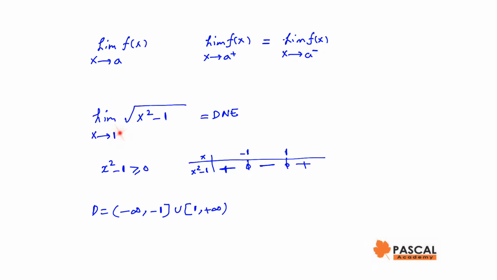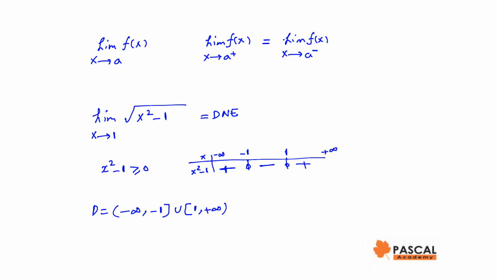For example, limit of f of x equals square root of x² minus 1 as x approaches 1 does not exist. The function f of x equals square root of x² minus 1 is defined when x² minus 1 is greater or equal than 0. x² minus 1 is 0 when x is 1 or negative 1. For x between 1 and negative 1, x² minus 1 is negative.